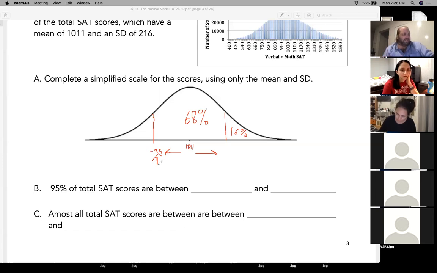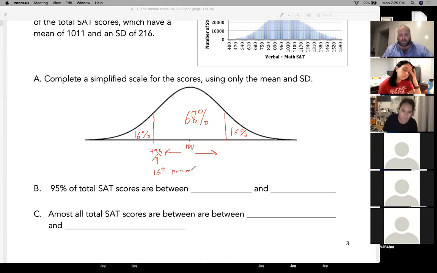When I ask you what percentile 795 is, I'm saying you scored better than what percent of people? 16. This is the 16th percentile, because you scored better than 16% of people, approximately at least.